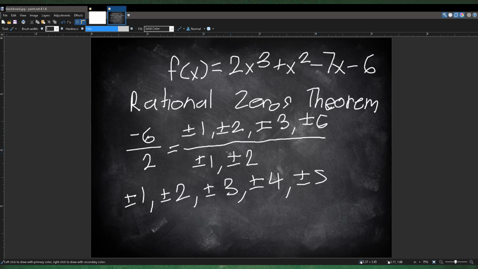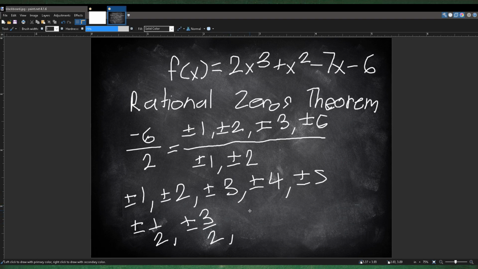Then you have 1 divided by 2, which is plus or minus 1/2. 2 divided by 2 is already 1, which we already got. 3 divided by 2 is 3 over 2. And 6 divided by 2 is 3, so I already got it. These are all the possibilities. So it's 1, 2, 3, 4, 5, 6, 7, and with plus or minus versions, 14. So there's 14 possible combinations.